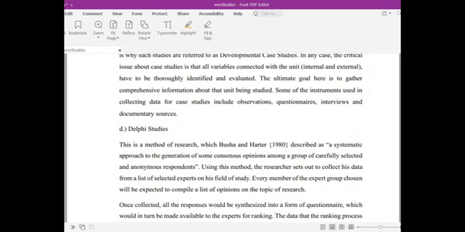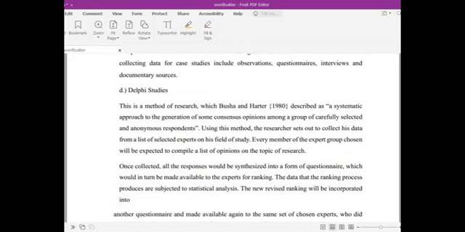We go to Delphi studies. This is a method of research which Buscher and Hatter 1980 described as a systematic approach to the generation of some consensus opinions among a group of carefully selected and anonymous respondents.